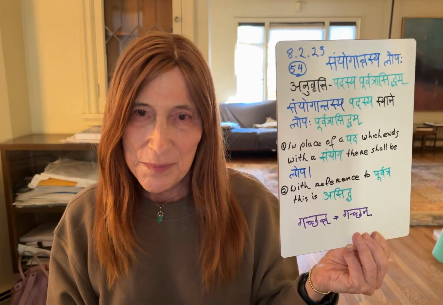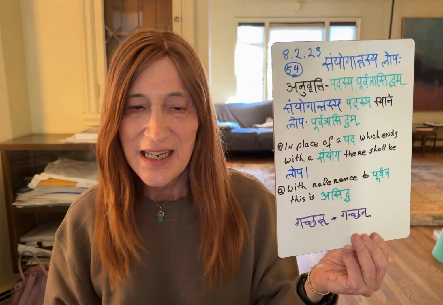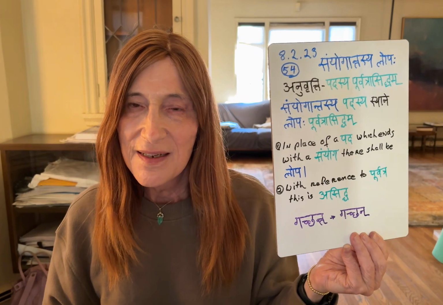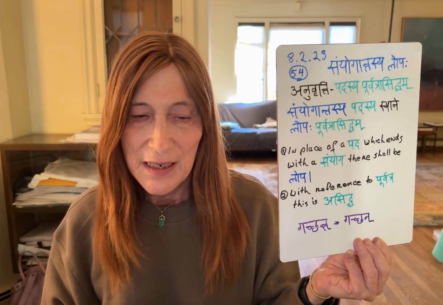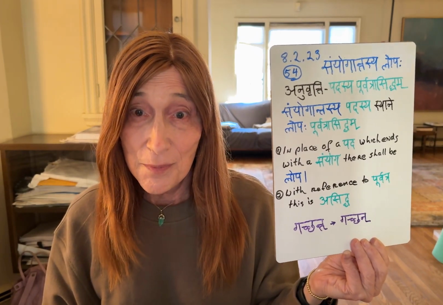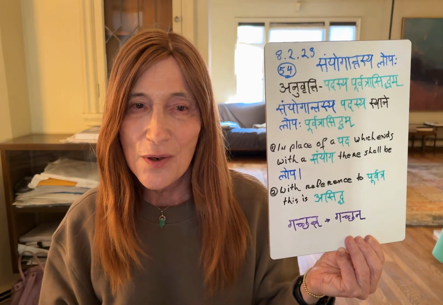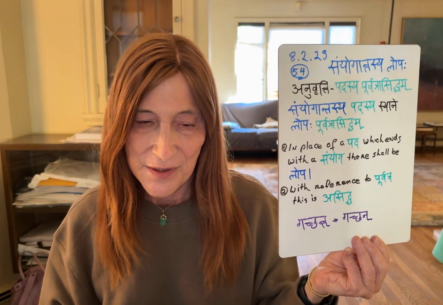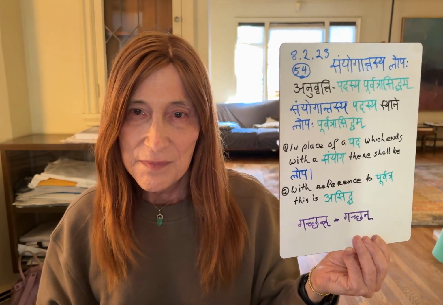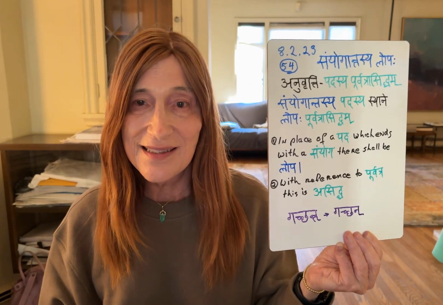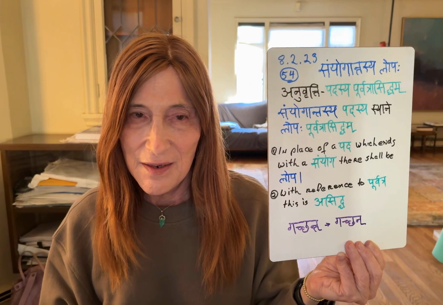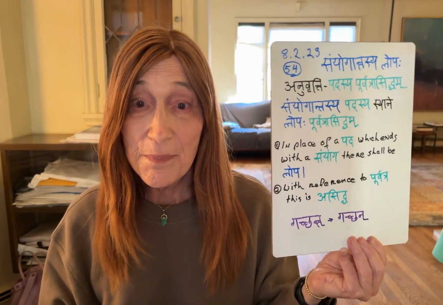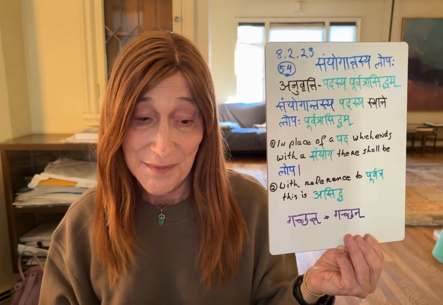So what comes in place of the samyoga-ending pada? Lopaha comes, and as we know, adarshanam lopaha, what's lopa disappears. And number two, purvatrasiddham, which will, of course, be part of the story from now on.